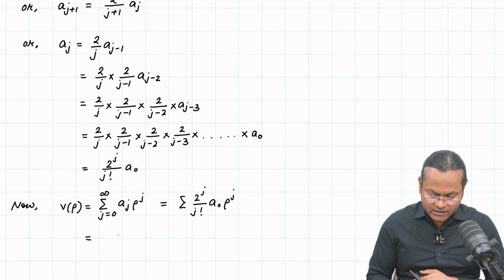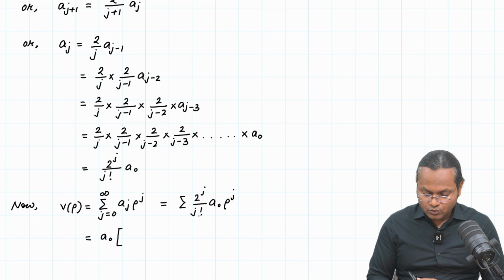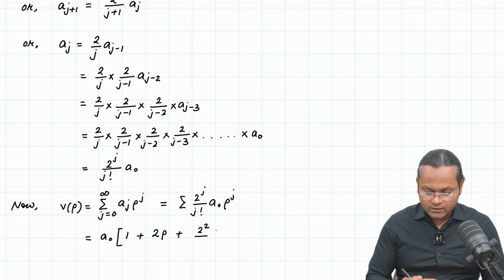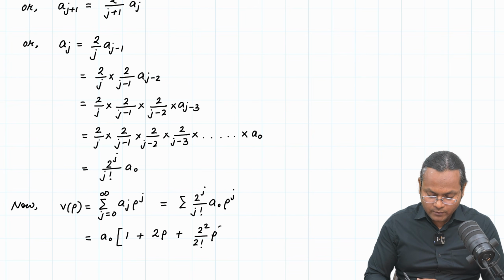If I write out all the terms: for j equals 0, you get just a naught, that's 1 here. For j equals 1, you get 2, the denominator is 1, and then rho. For j equals 2, you have 2 squared, 2 factorial, and rho to the power 2. Then you have 2 cubed, 3 factorial, rho cubed, and on and on.